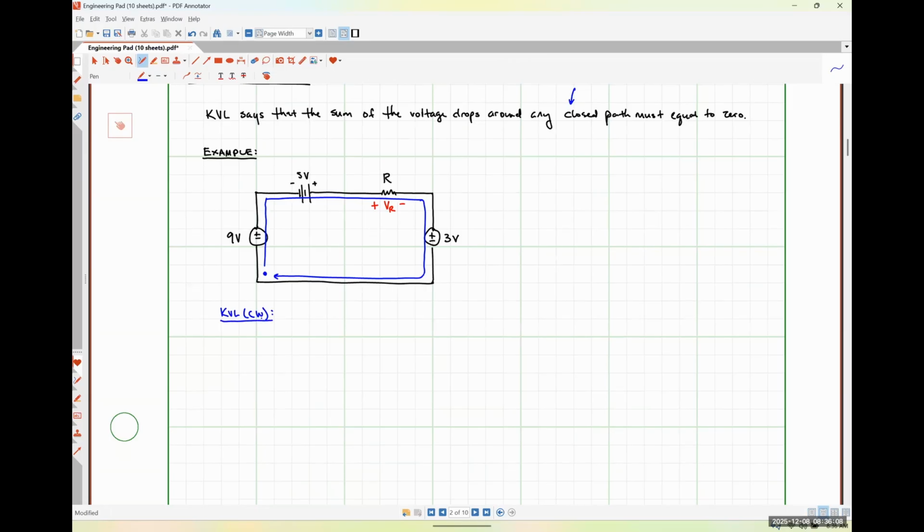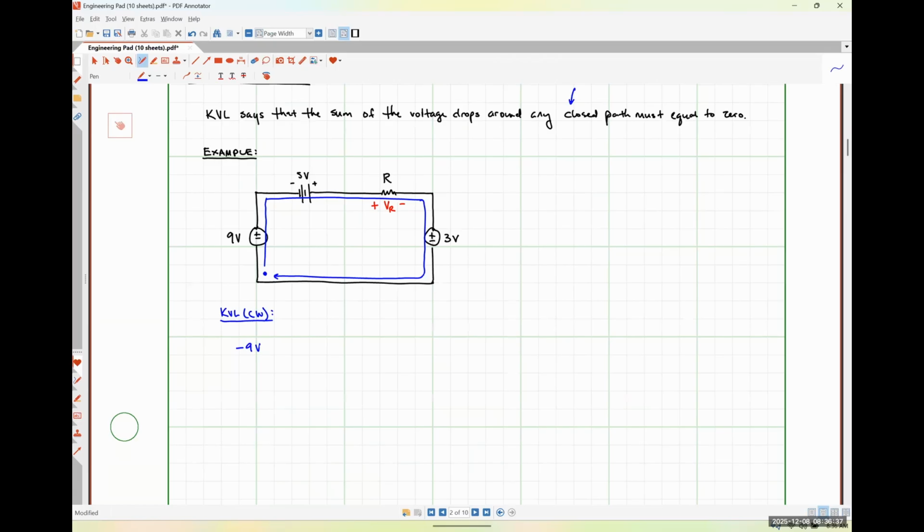Here's how I write my equation. If I see the negative polarity terminal of a voltage first, I give that voltage a minus sign. If I see the positive polarity terminal first, I give it a plus sign. It's that simple. Starting at the bottom left corner and going up, the first thing I see is the negative terminal of that 9-volt source, so negative 9 volts.